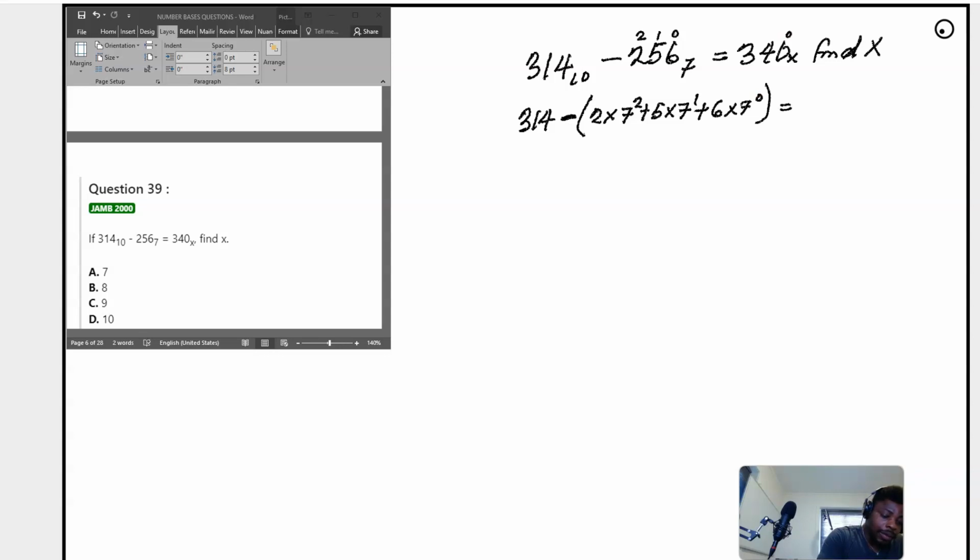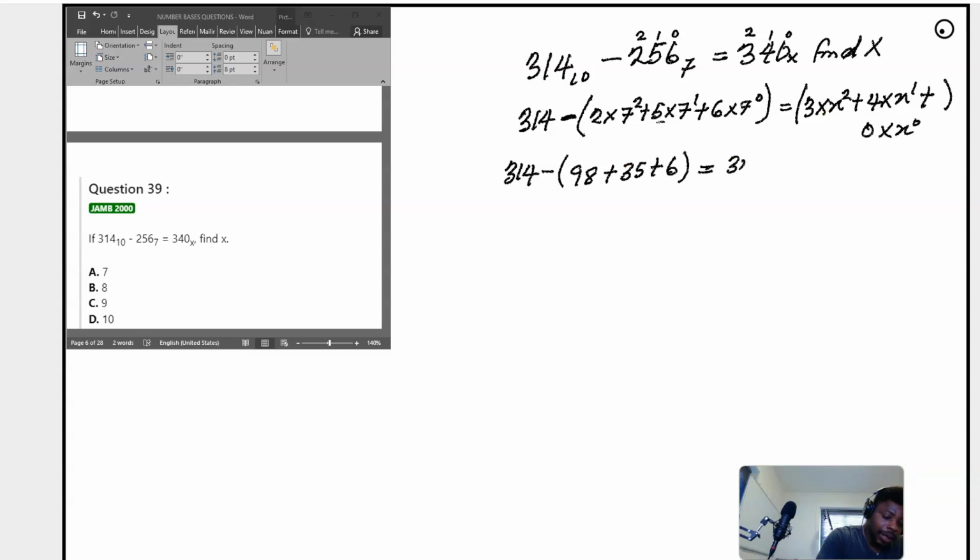Let's convert this one to base 10 also. 3 times x raised by 2 plus 4 times x raised by 1 plus 0 times x raised by 0. So this is 314 minus, this is 49. 49 times 2, that is 98. This is 35. And this is 6.